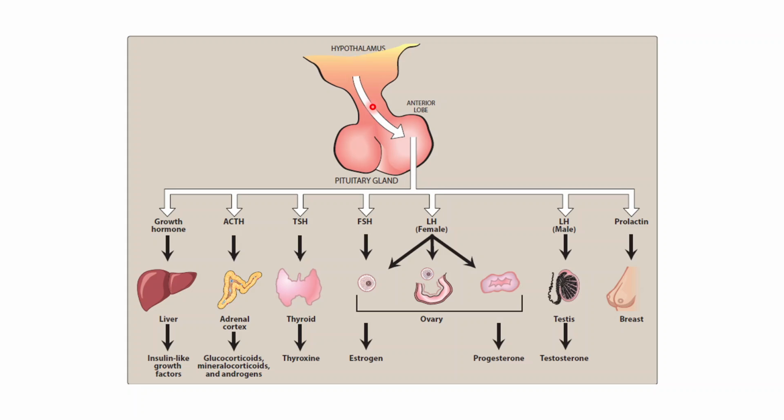So releasing hormones are produced in the hypothalamus, and the growth hormone releasing hormone will increase the release of the growth hormone, while the somatostatin will decrease the release of the growth hormone.